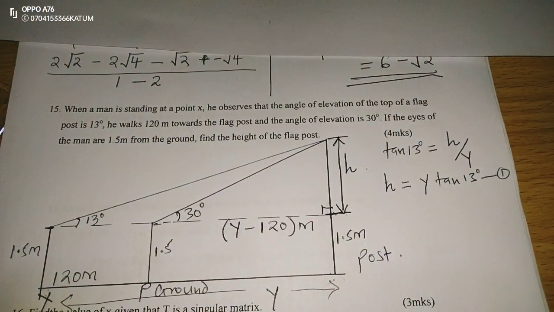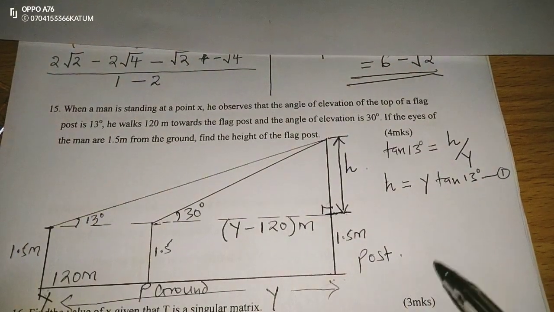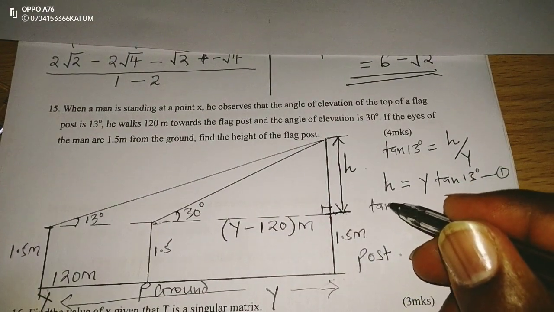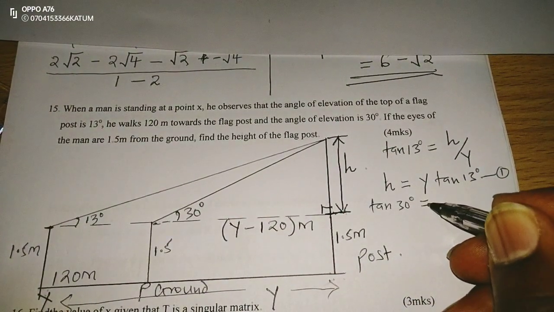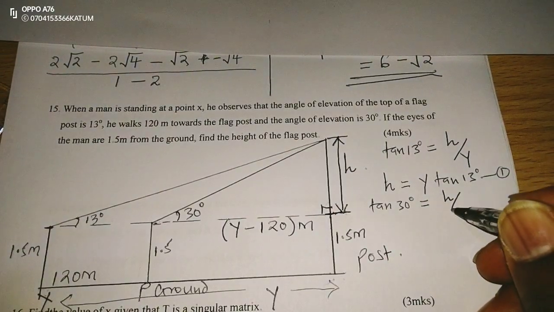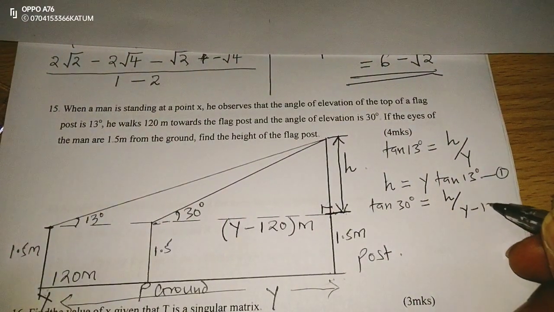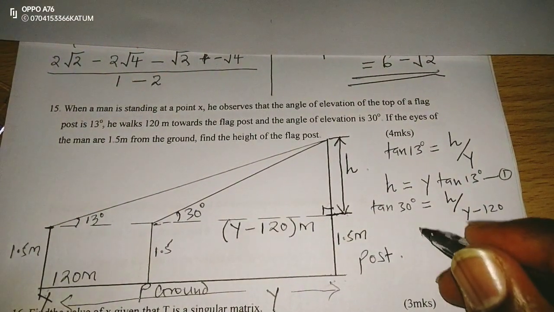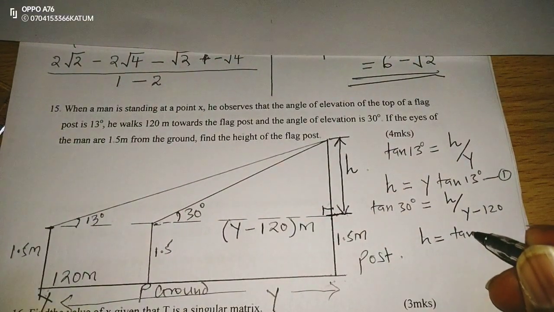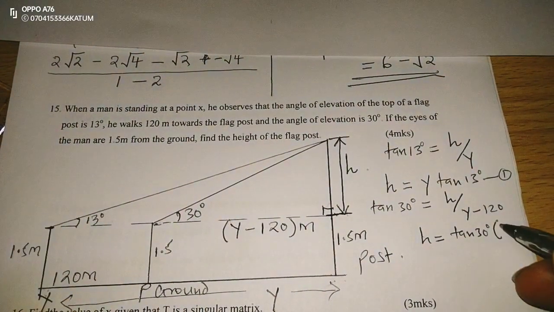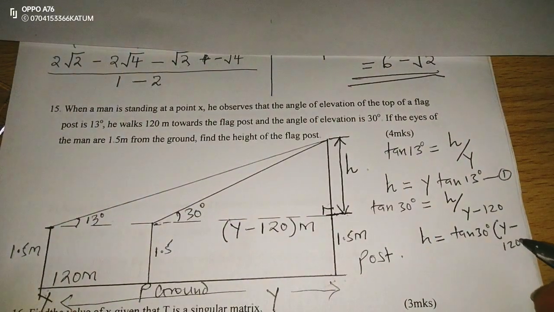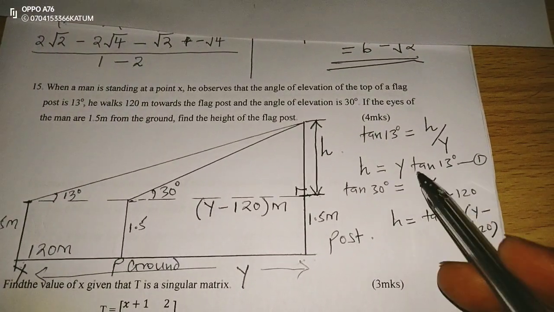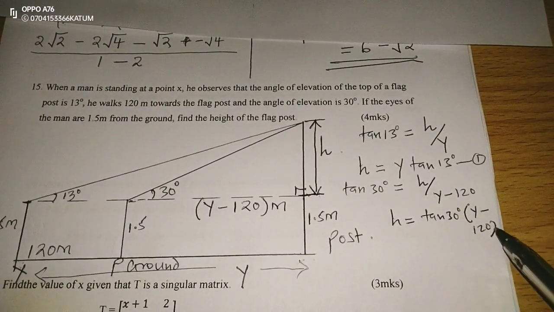Again, for this other triangle, the tan of 30 degrees should be equal to h over the adjacent, y minus 120. So h equals the tan of 30 degrees multiplied by y minus 120.